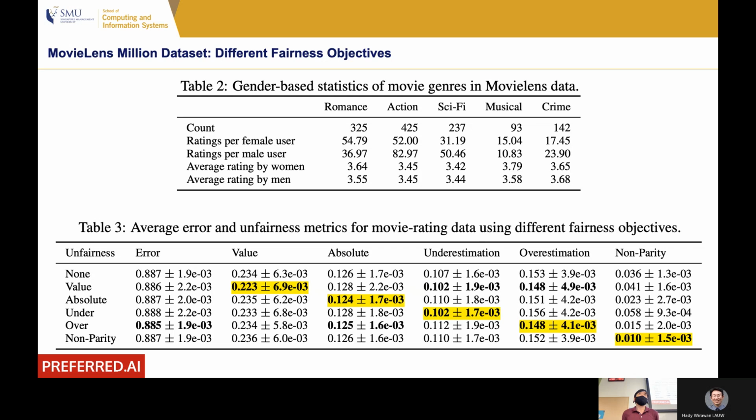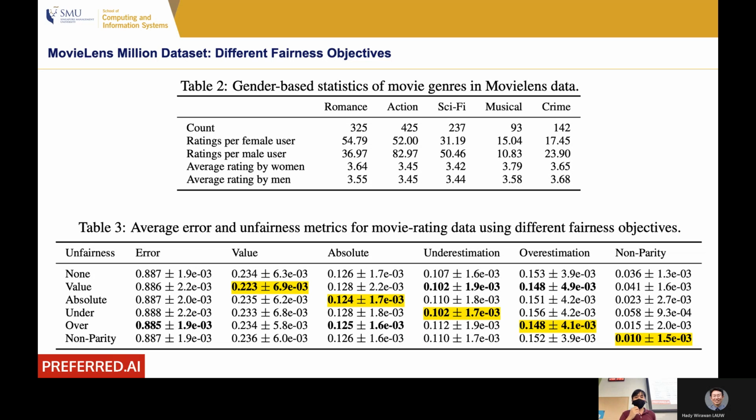So the very last experiment, they experiment on a real-world dataset, the MovieLens 1 million, very familiar. To derive different groups of users, they use the genre in the dataset, and then they see which genres show a big difference in behavior between user genders, how they rate the different genres. They chose 5 genres: romance, action, sci-fi, musical, and crime.